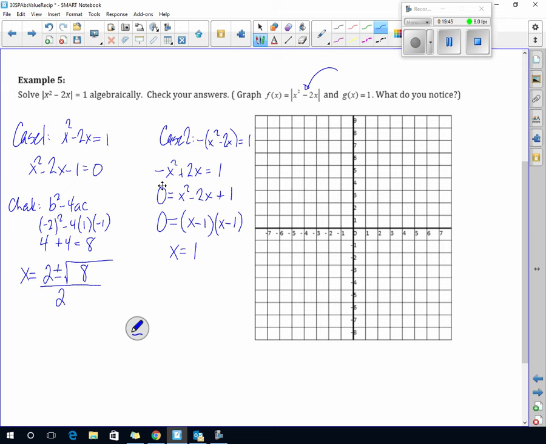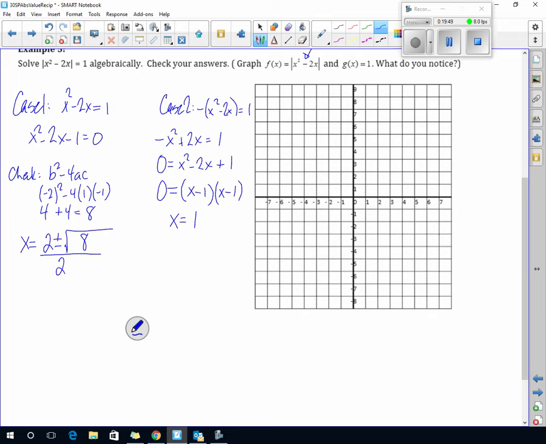Well, you would graph the inside, right? Let's call it y, whatever. Who cares if it's the same y, but how would you graph x squared minus 2x? How would you graph that parabola?